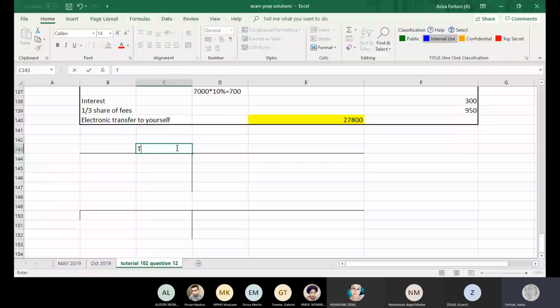Okay, let's do the trust bank account and the trust creditors control account for this client. So the trust bank account, what is going to go into my trust bank account? Trust bank debit 30,300. Only 30,300. Yeah, and the credit.